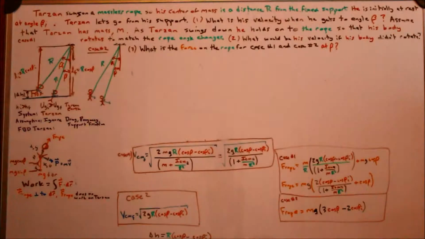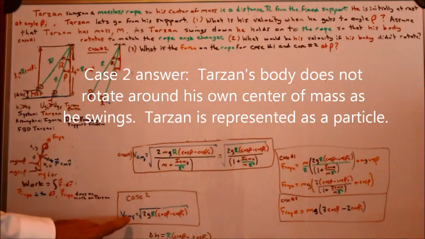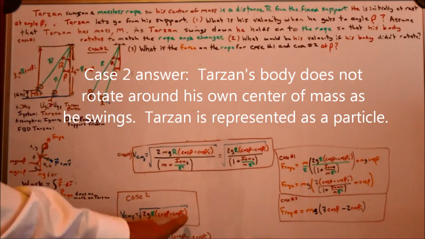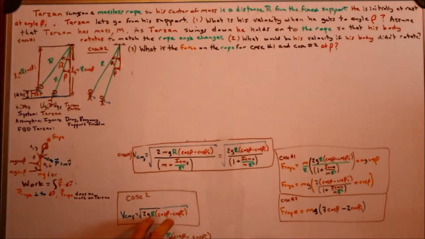Then I'll solve it. We'll start with the case two answer on the velocity of Tarzan's center of mass in the final state: the square root of 2gr times the quantity cosine of beta minus cosine of beta initial, and this r times cosine beta minus cosine beta initial is really delta h.